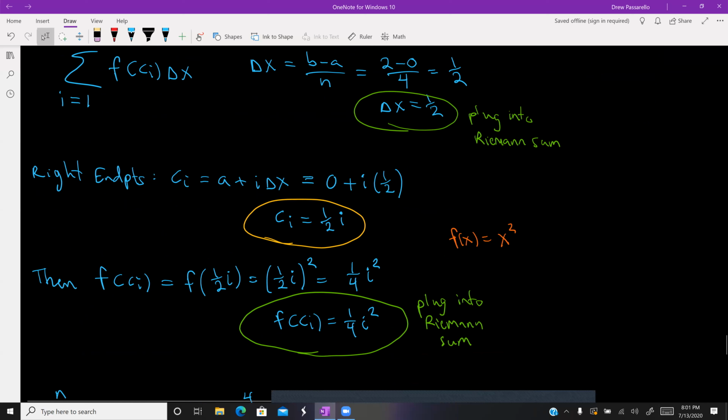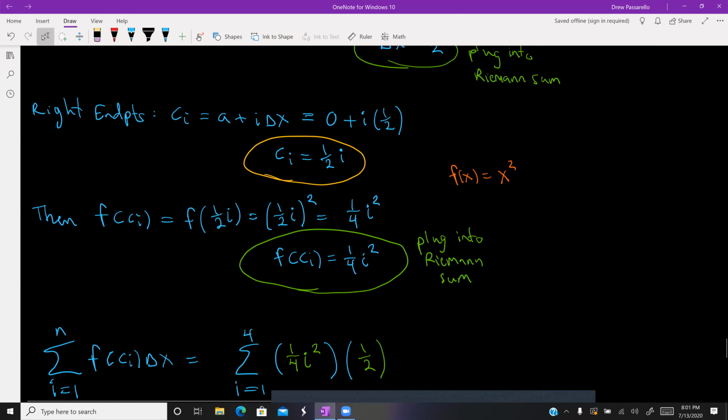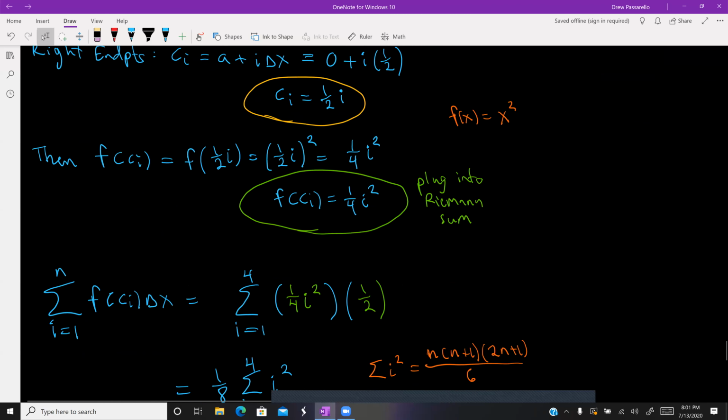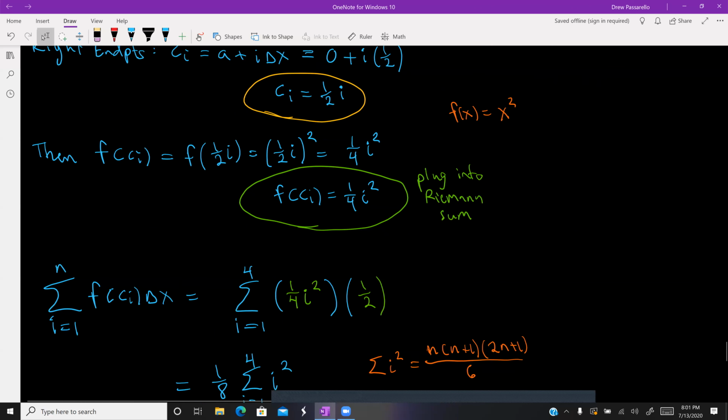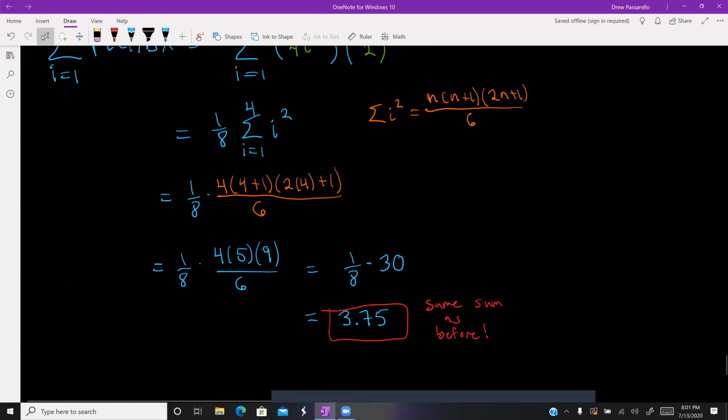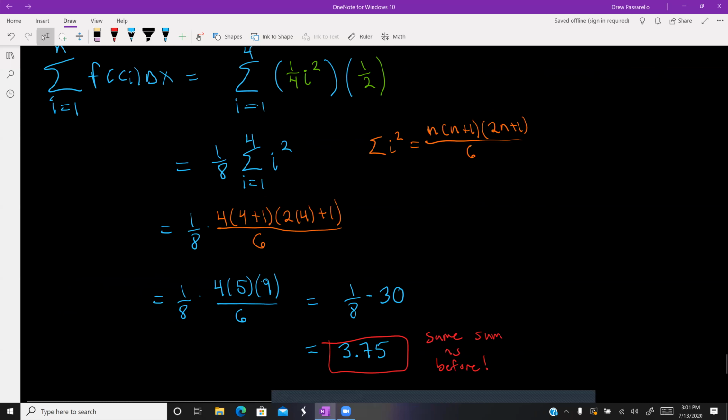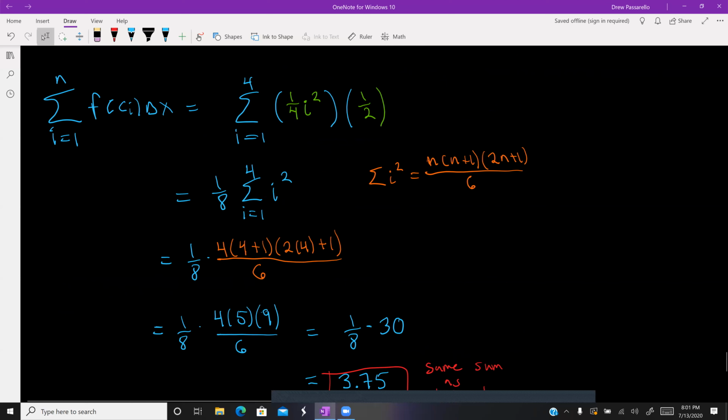And I got the right endpoints to have the form 1/2 times i. And I plugged those into the function x squared, and that gave me 1/4 i squared. So I circled in green those values that I plugged in, and I put them in green in the formula. It gave me 3.75. So this is the actual entire work of the problem here.